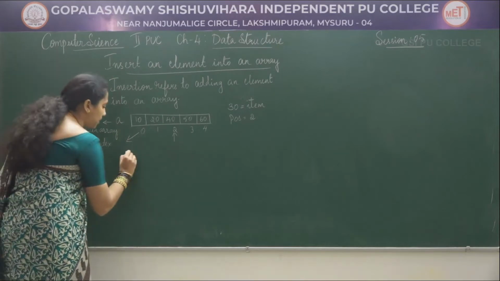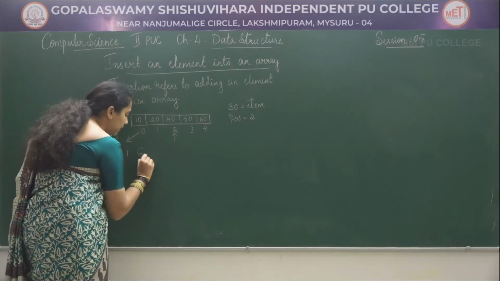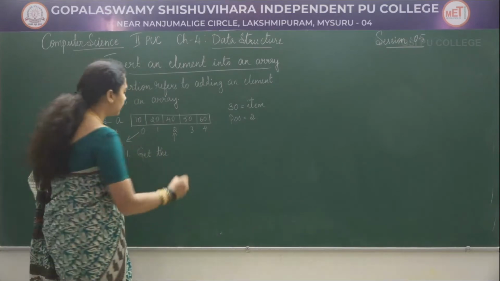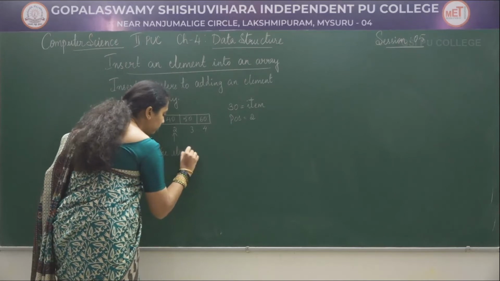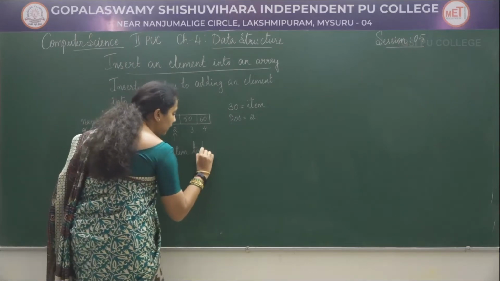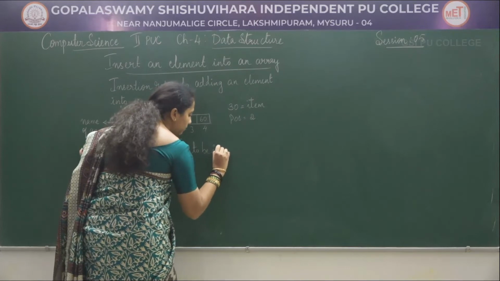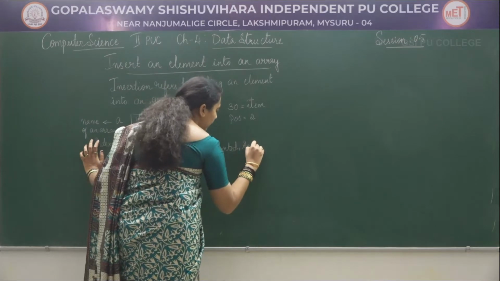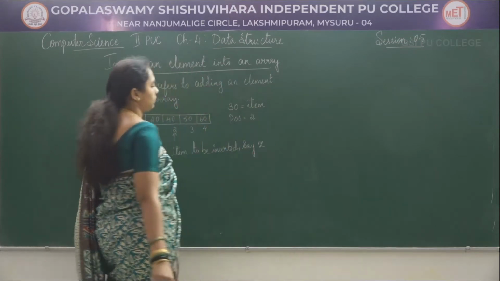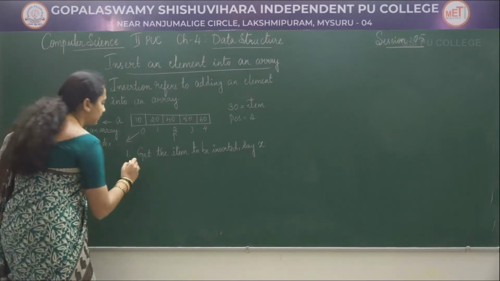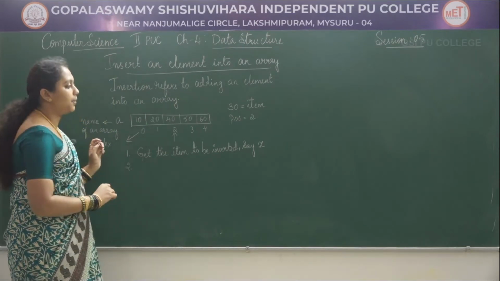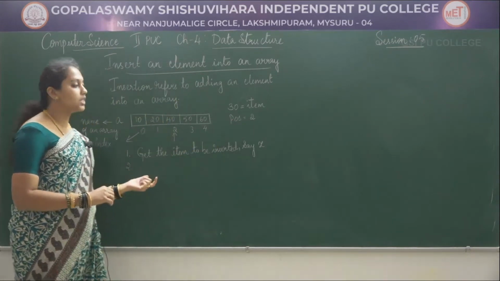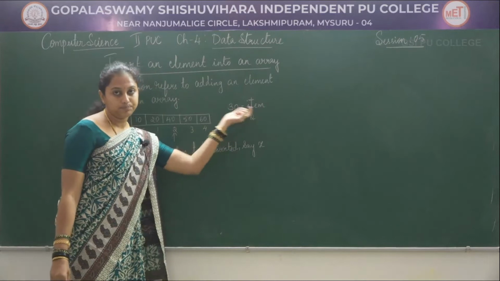So the first step is we have to get the item to be inserted into an array, say X. In the second step, we should know at which position we have to insert this item.